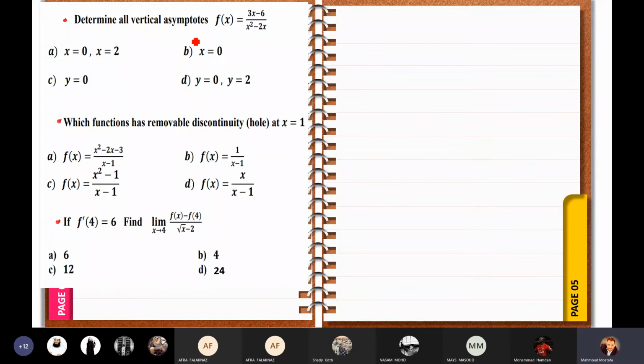Determine all asymptotes. It means vertical asymptotes. You have here 3x minus 6 over x squared minus 2x. B, 0 and 2. Yes. Can you find the hole here? Hole at what?